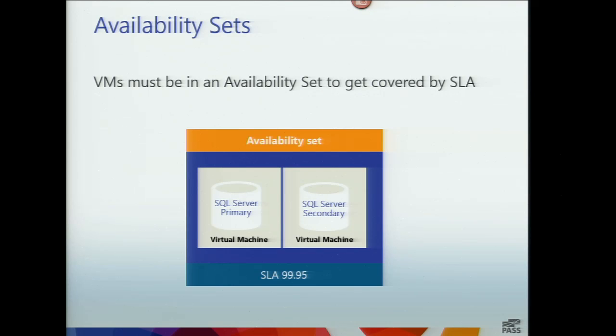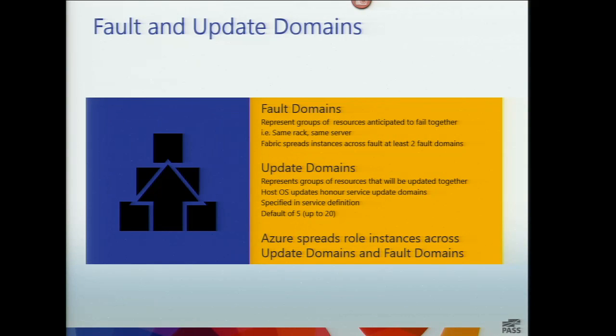Now, what's an availability set? To understand what it is, you need to understand two concepts that we've got in Windows Azure. One's called a fault domain, and the other one's called an update domain. You can think of them as unplanned and planned outage control. A fault domain is for unplanned outages.